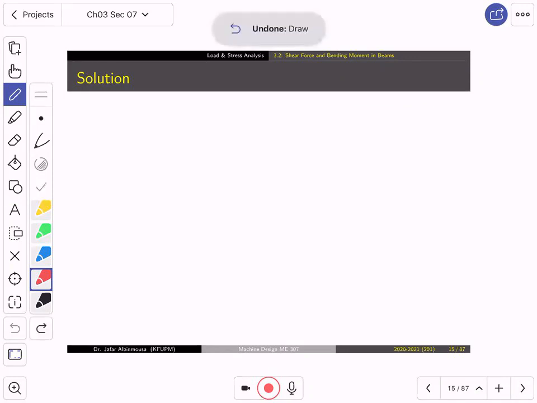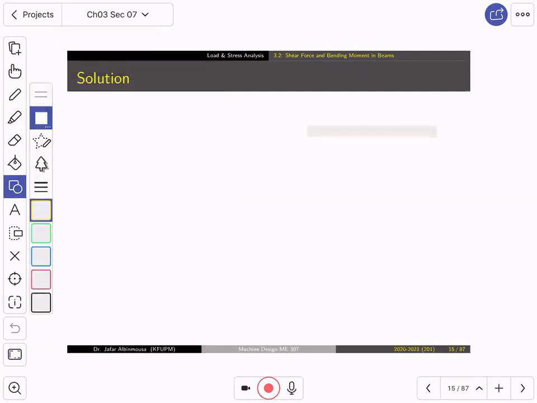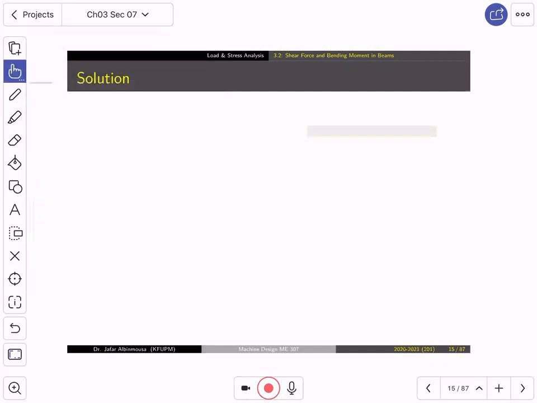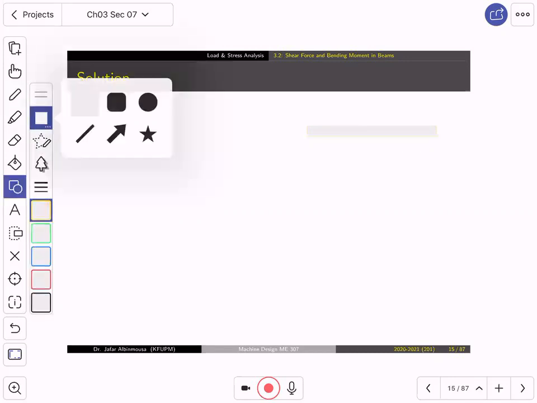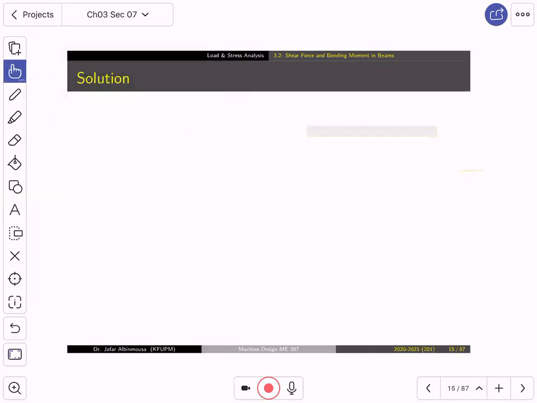Yes, yes, sir. Okay. So this is the drawing for the first beam. And now we are going to draw the second one. I'll see how lucky I can get.